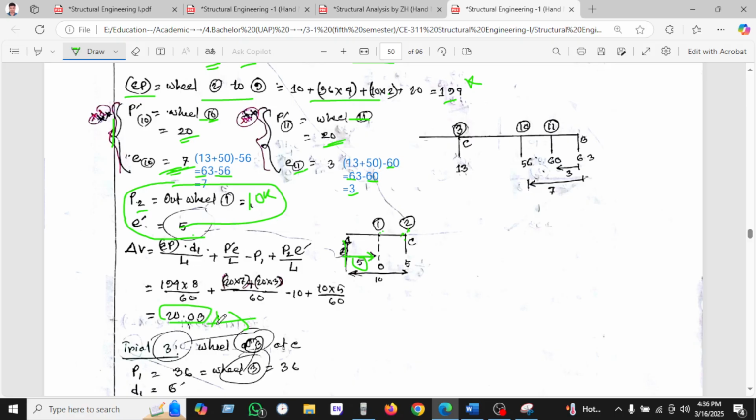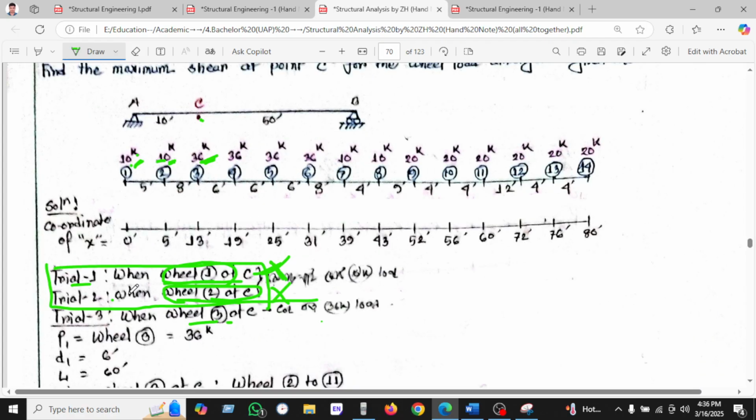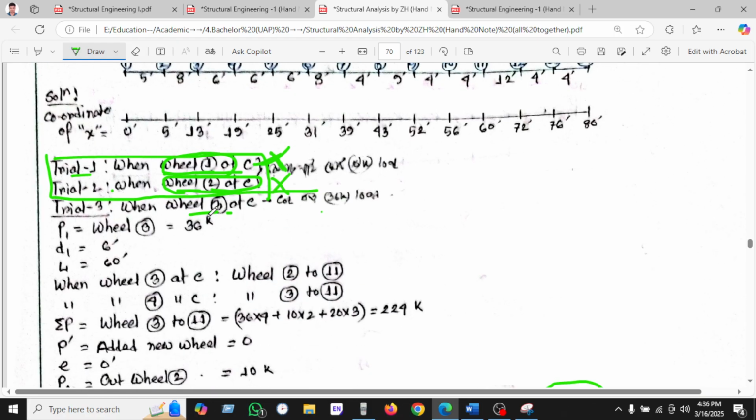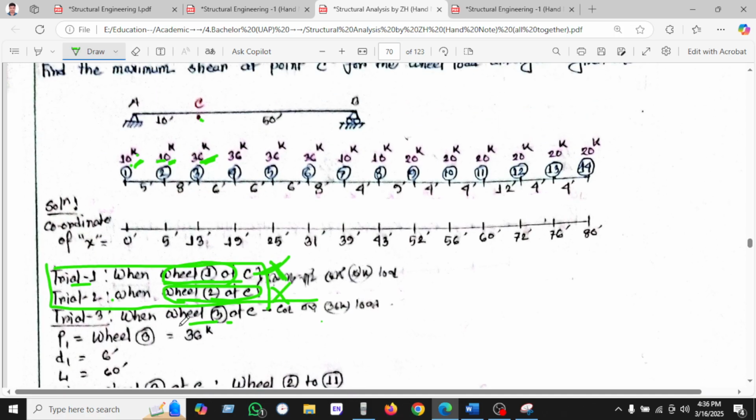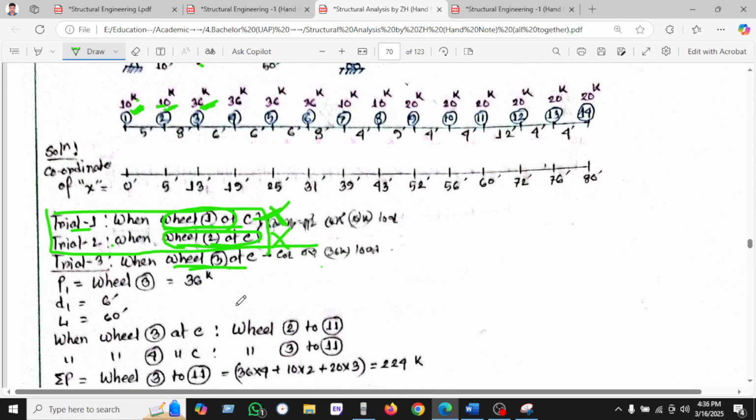That's why we will not need another trial, so we can skip it in our exam. So now we'll do trial 3, which is wheel 3 at C. Wheel 3 is a greater load than wheel 1 and wheel 2, as 36 is greater than 10 and 10. Okay, so let's see very deeply.